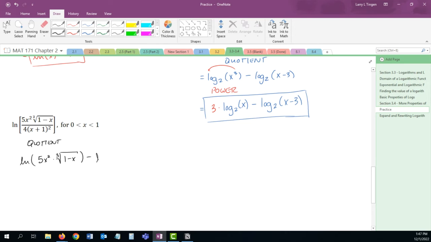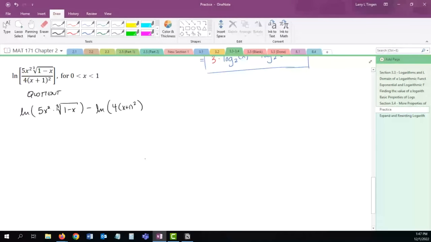So that's the natural log of the numerator minus the natural log of the denominator. And then what? Well, the product rule comes into play.